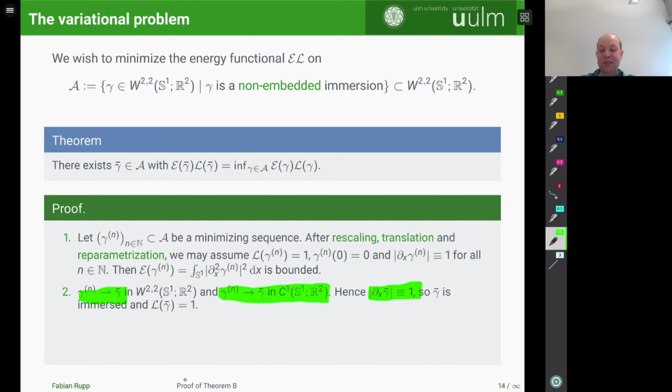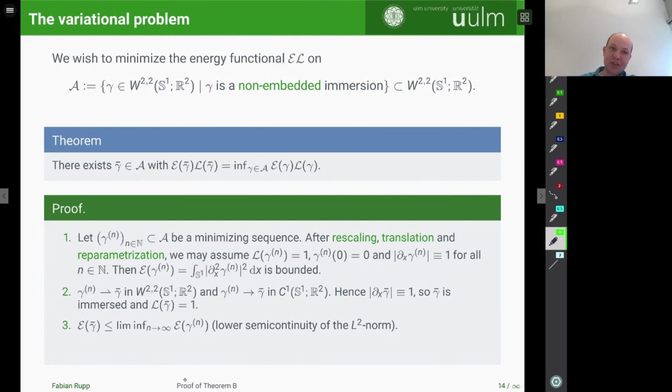Okay, so this is the second step. Now the third step is that we want to show that this is actually a minimizer. So what we do now is we compare the energy of the limit to the energy of the minimizing sequence. And actually, this is a general result. The norm in L2 is lower semi-continuous.